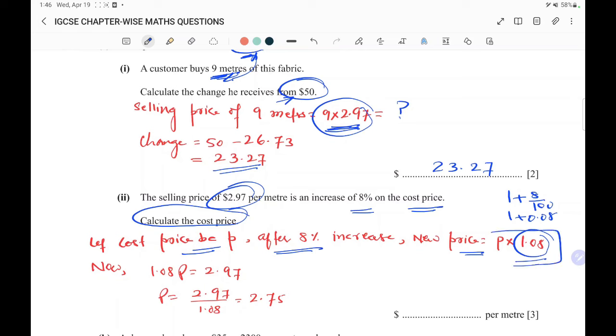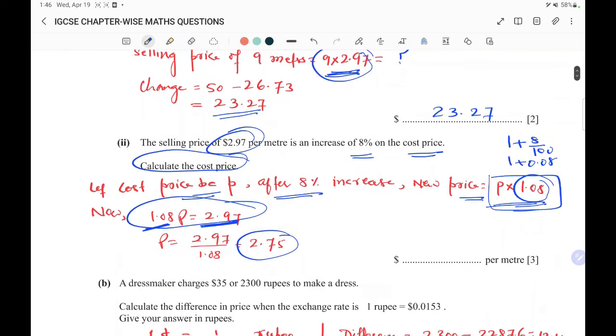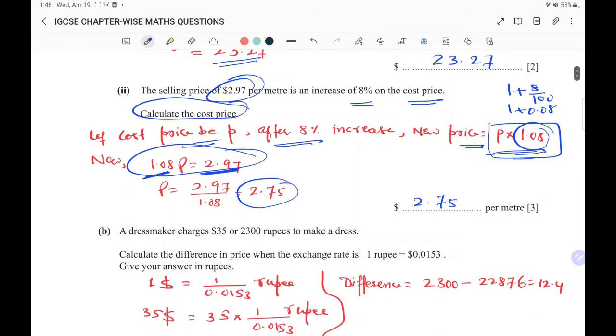This is called the multiplier factor. That price is equal to 2.97. So 1.08P equals 2.97. Now divide both sides by 1.08. So 2.97 over 1.08, just calculate. P will be 2.75.